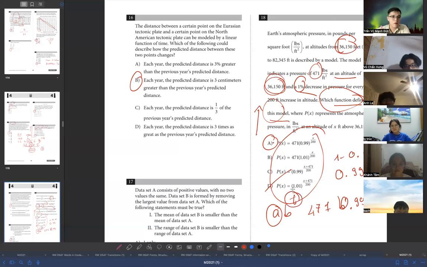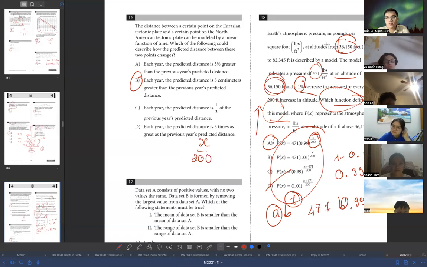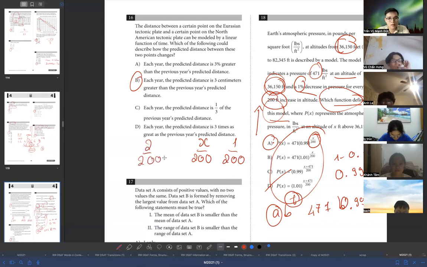I want you guys to understand where T comes from. T in this case is X over 200. Let's understand this. It takes 200 feet of increase to have a 1% decrease. So does it change by 1 over 200? It doesn't change yet. 2 over 200? Haven't changed. But when it comes to 200 feet over 200 feet, it starts to decrease 1%.